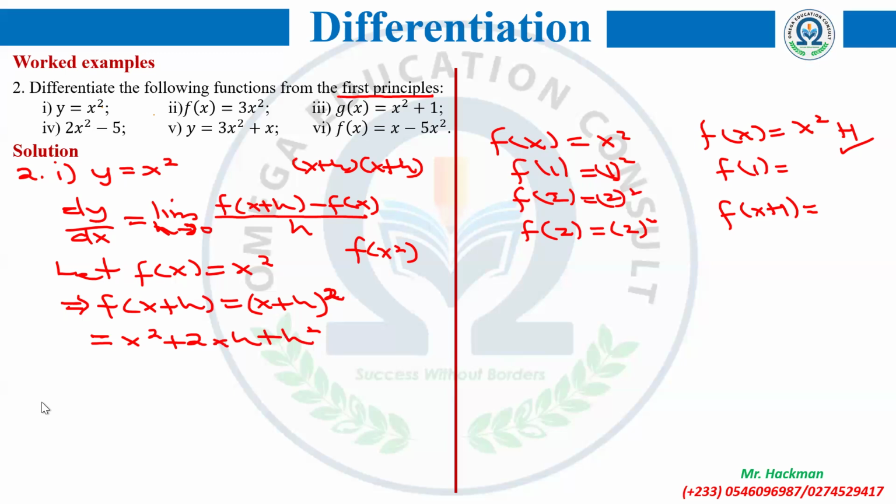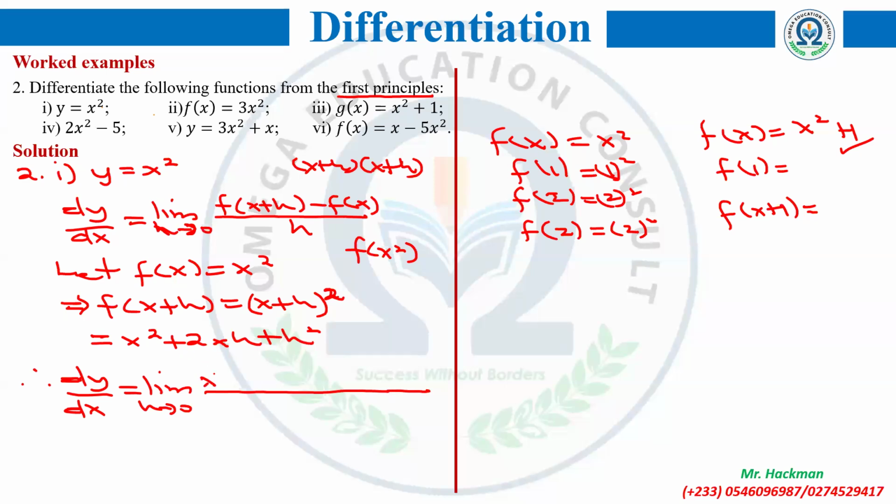Okay, so now that we have f of x plus h, we are in a comfortable place. So you go and write what you are asked to find, which is dy/dx, equal to the limit as h approaches 0 of what? Our numerator, f of x plus h, will be these three terms here.